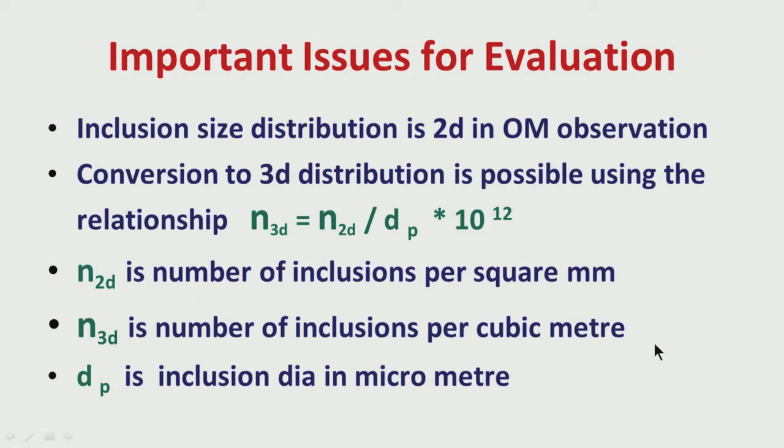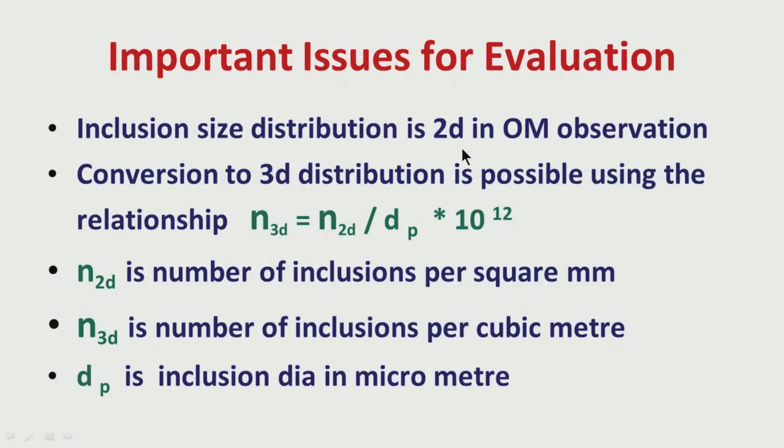So, what am I trying to tell? Let us take a particular size of inclusion, say the 60 to 70 micrometer range. We have got a number in the two-dimensional observation. Now, what should this number be in three dimensions for this 60 to 70 micrometer size? Let us take an average, that means 60 to 70, the average is 65.